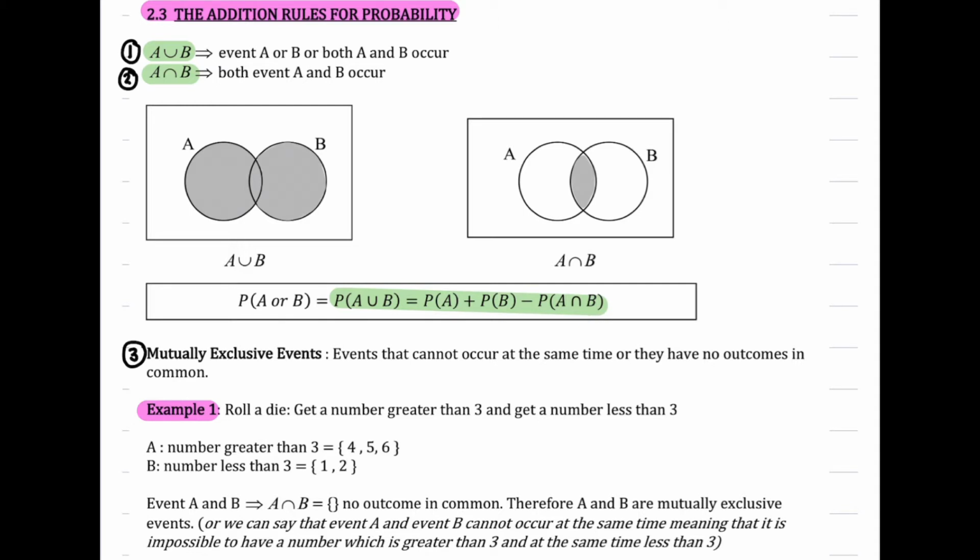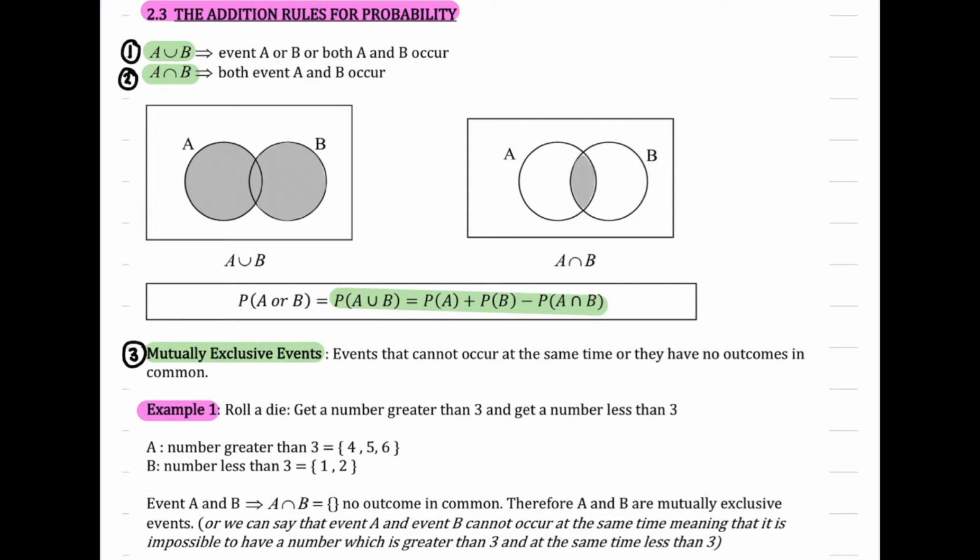And then the third one is mutually exclusive events. These are events that cannot occur at the same time, or they have no common outcomes. For example, let's say you are rolling a die. The first event is getting a number greater than 3 and the second event is getting a number less than 3.